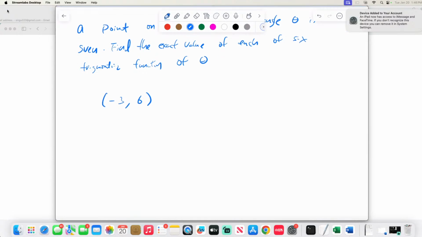So what we're gonna do is we're gonna draw it. We're gonna draw -3, 1, 2, 3, and 6 is 1, 2, 3, 4, 5, 6. Sorry, that's a terminal side. My bad.